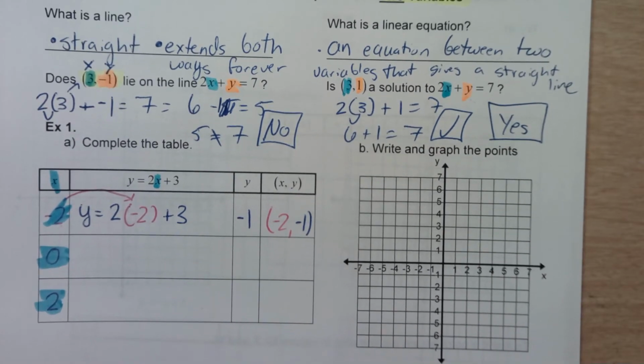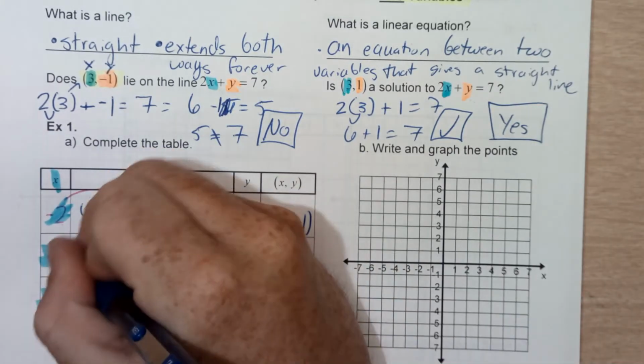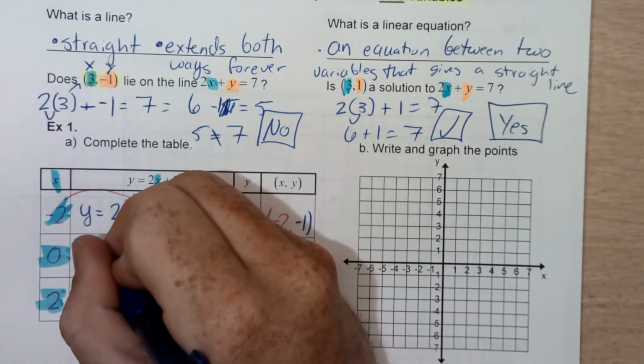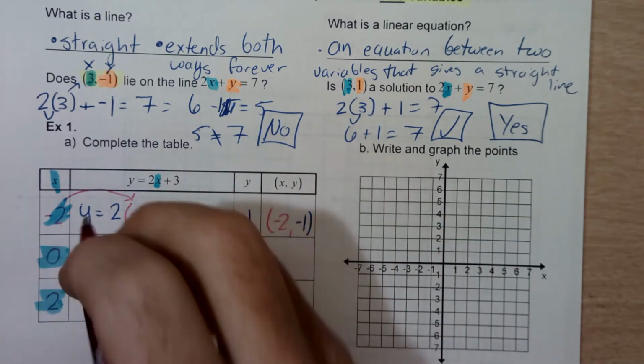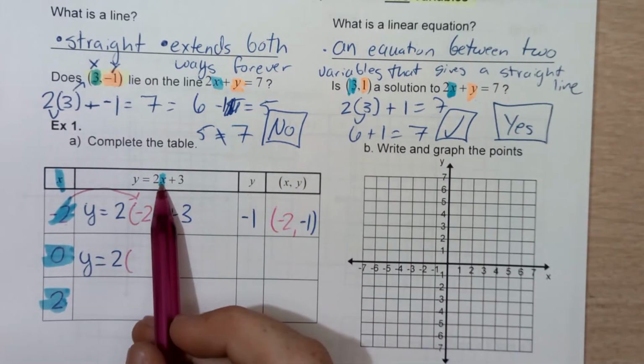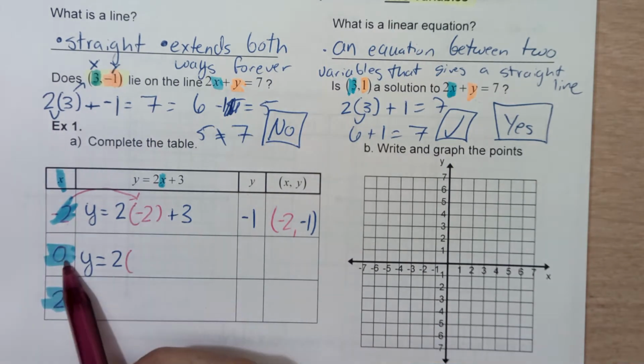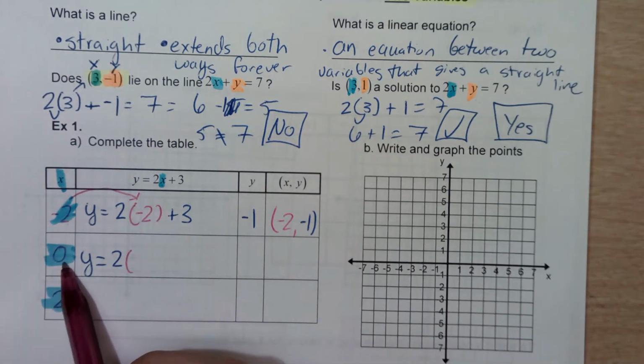Now we are going to do the same thing, but instead of negative 2, we're going to plug in a 0 for x. So y equals 2, and then in parentheses to show we're multiplying. Remember, this is where x is, but we're not going to plug in x because we know what our x is. We're going to plug in our x value over here, which is 0.